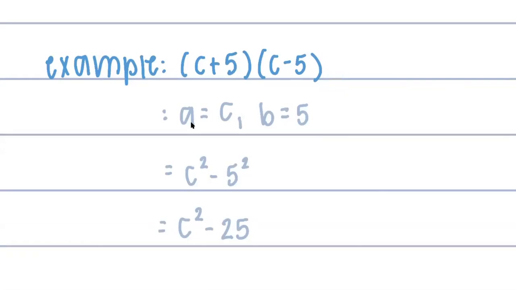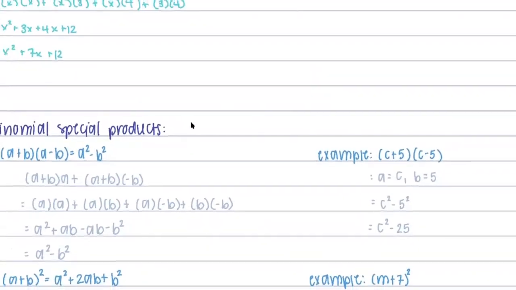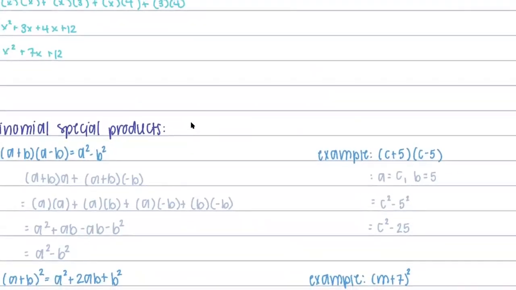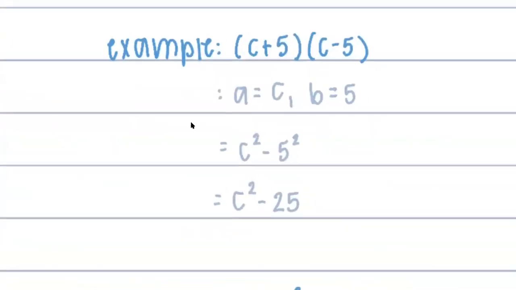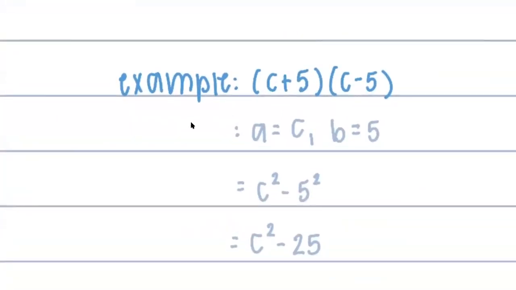If you look back at the general form, you see that c is a and 5 is b, so a squared minus b squared is going to be your answer. Since your a is c, you have c squared, and since your b is 5, you have 5 squared. So c squared minus 5 squared, and you simplify that and you have c squared minus 25.